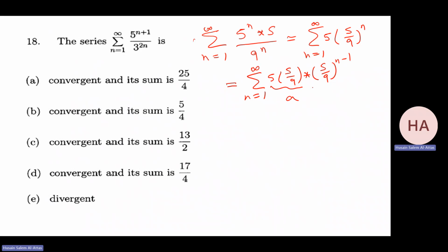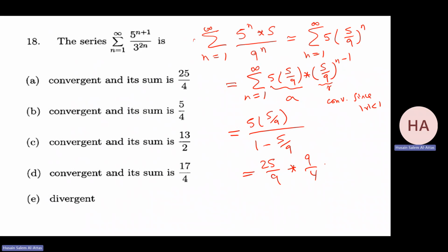So now this is A and this is R, less than 1 as an absolute value. It converges since the absolute value of R is less than 1. And what is the sum? It will be A, 5 times 5 over 9, over 1 minus R. That gives me 25 over 9 times, this is 9 minus 5, 4 over 9, times its reciprocal, cancelled, 25 over 4. That's it.